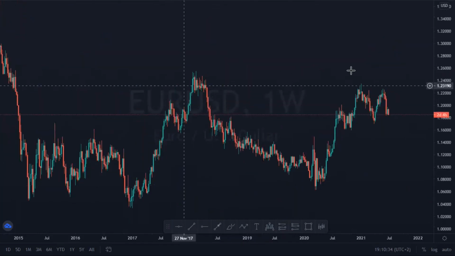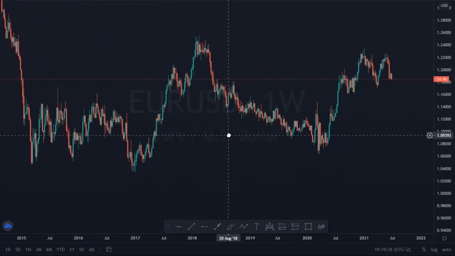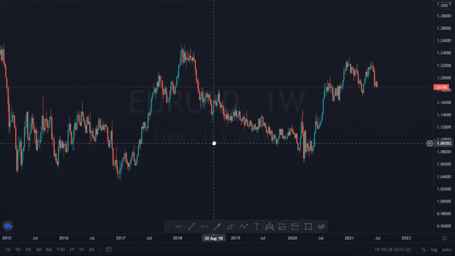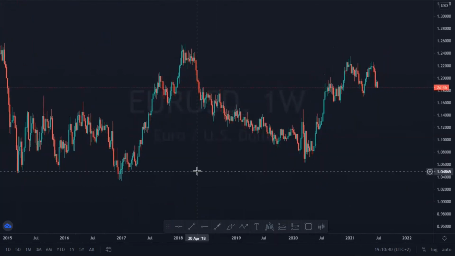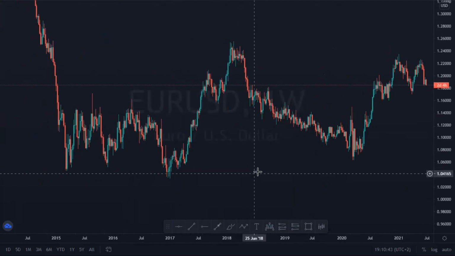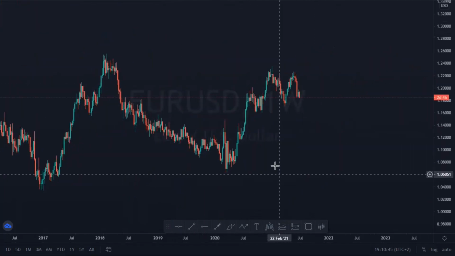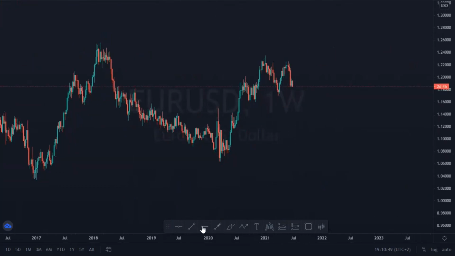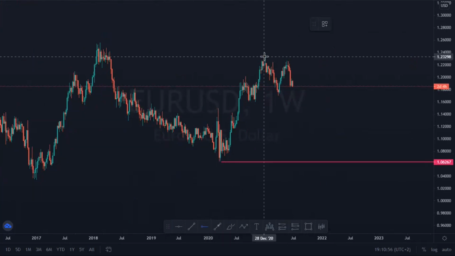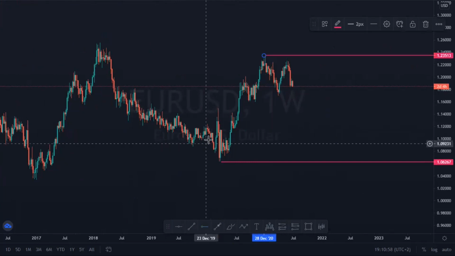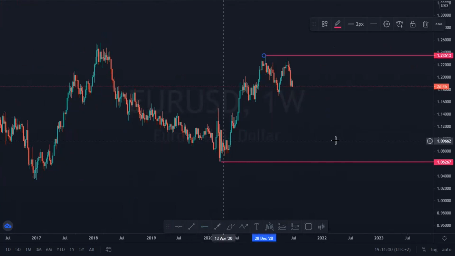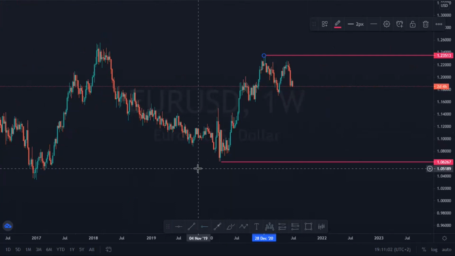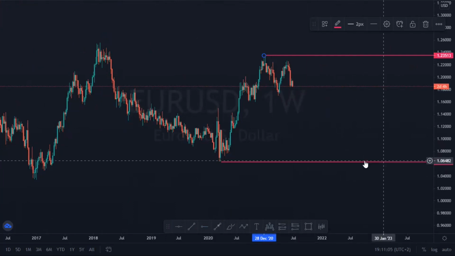But because I cannot place a trade here, I'm going to start from here in 1 week. I take this swing low and swing high. I'm going to be working from here to this side.